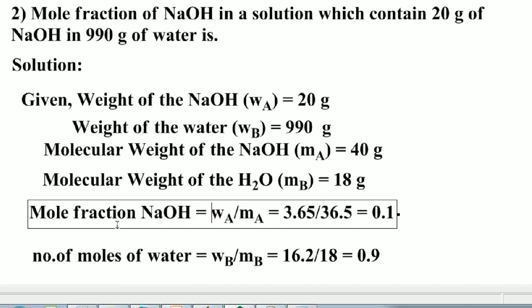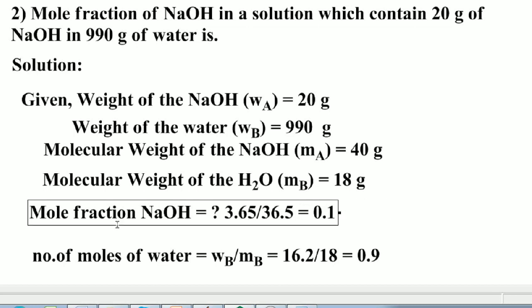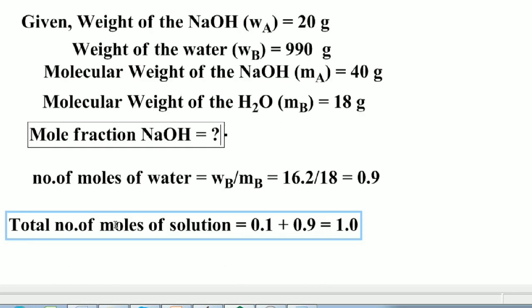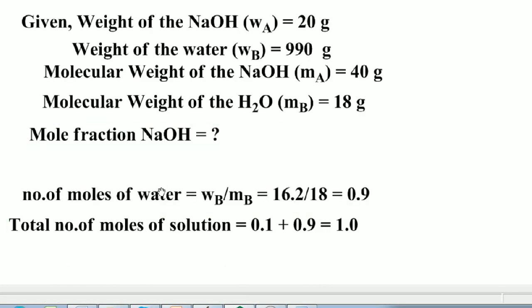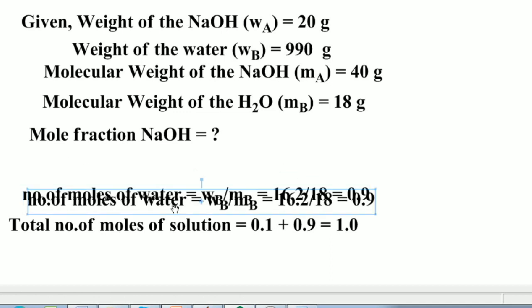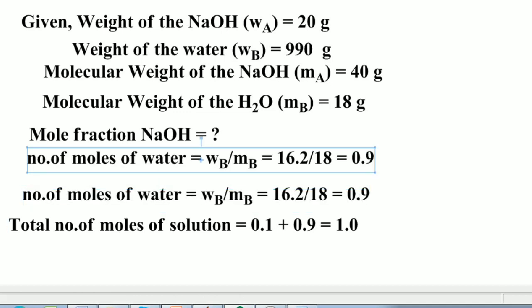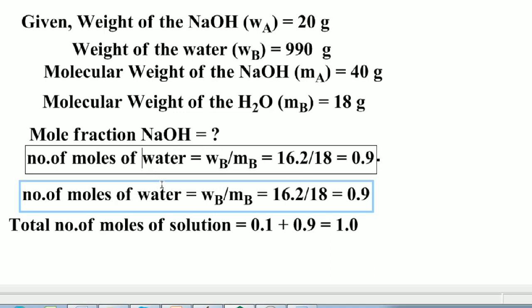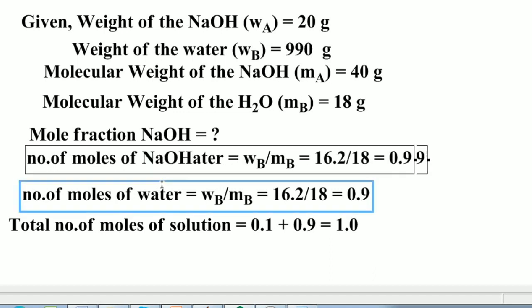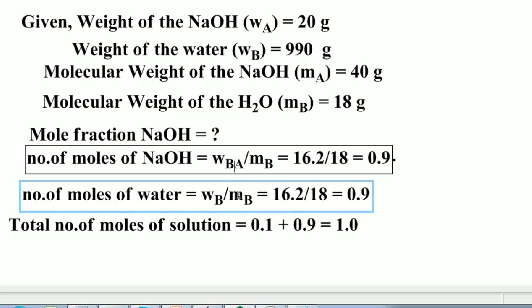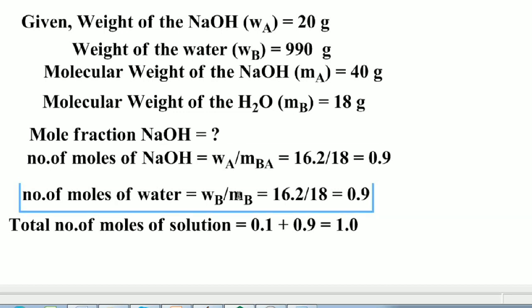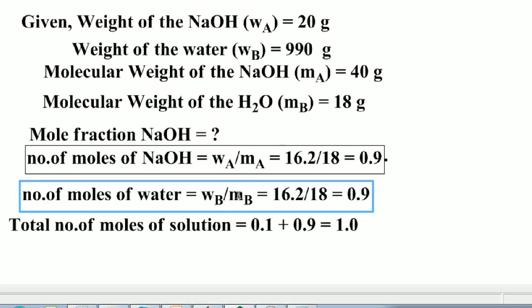So for this students, we need number of moles of NaOH and number of moles of water. First we can find the number of moles of NaOH. Number of moles of NaOH is equal to weight of the NaOH by molecular weight of the NaOH, that is Wa by Ma.